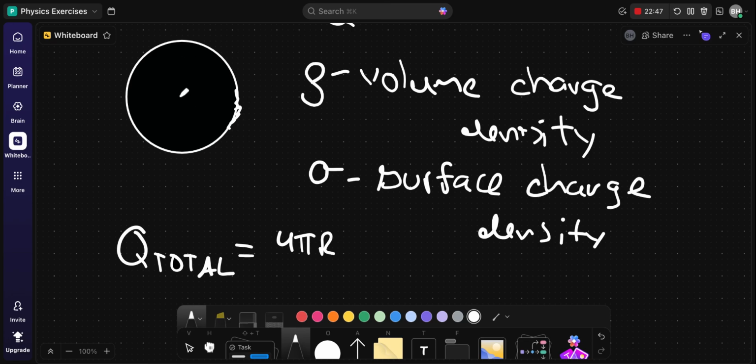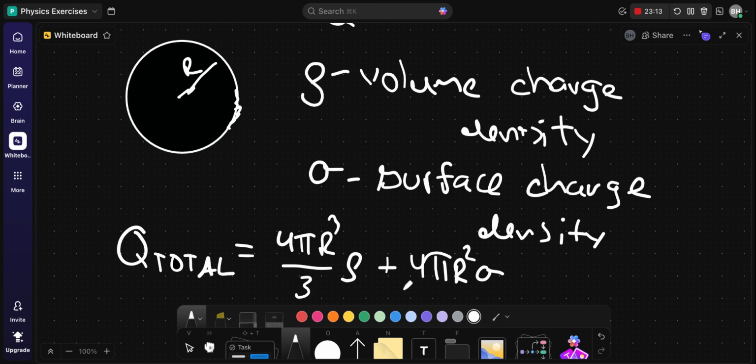Sorry, I forgot to say, but the sphere, as always, has to have a radius, and that radius is capital R. The total charge on this sphere is the charge originating from the volume charge density, and also the charge that originates from the surface charge density.